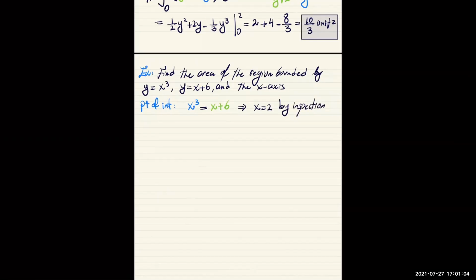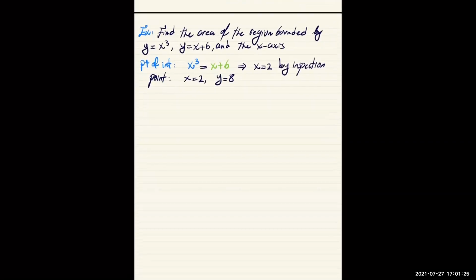Okay, get the y value, plug 2 into either of those functions. So the point: x is equal to 2 and y is equal to 8. Either way, that's a point of intersection.